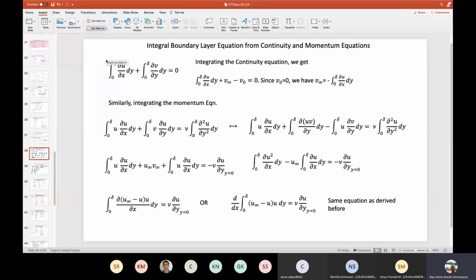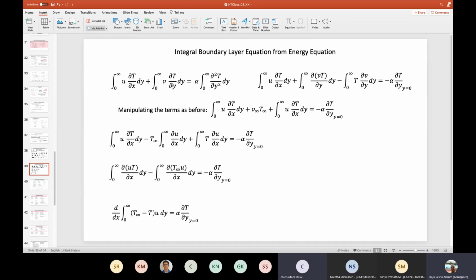So let me just, next page, this is straightforward. So this is the equation there. So u dT, this is d(vT) minus T dv by dy. Remember that I showed you that. So dv dy is nothing but minus u dT dx.